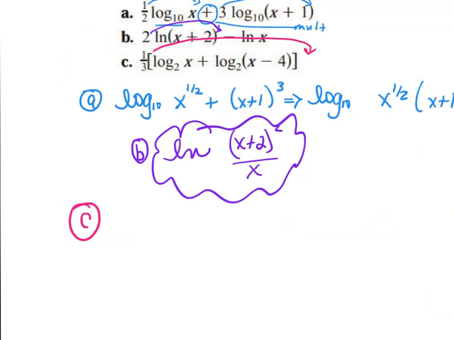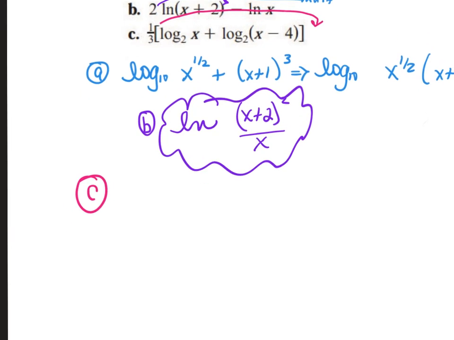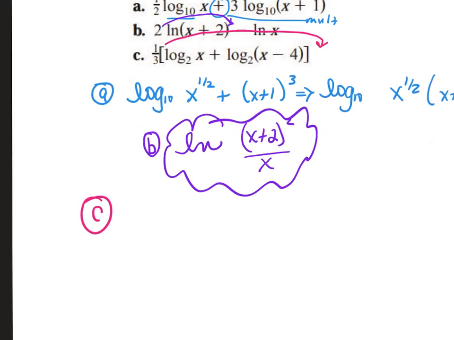Okay, so I'm going to rewrite this as log 2, correct? Yeah. Okay, so I have 1 log 2. And then what do I have in my parentheses? You have x minus 4.